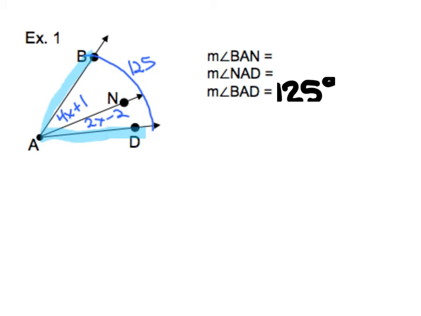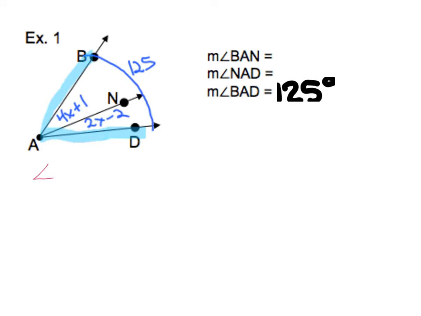Now we have to figure out the measure of angle BAN and the measure of NAD using the information they gave us. The angle addition postulate states that if we take angle BAN and add it to angle NAD, we can make it equal to the whole thing and figure out what each little part is.